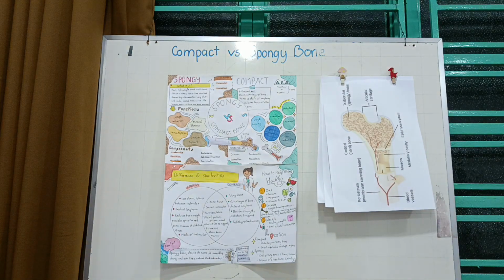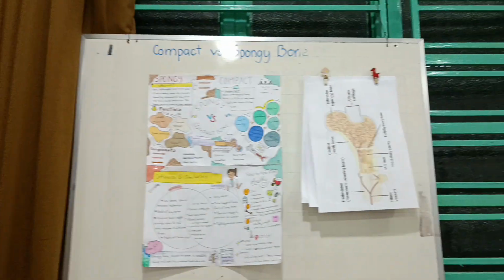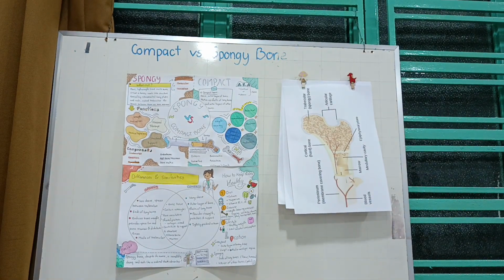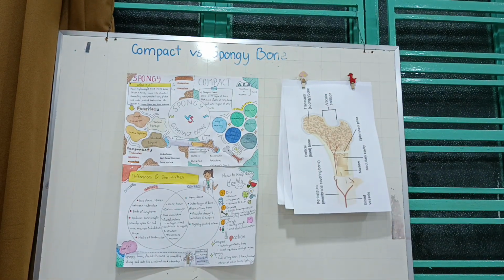These are canaliculi. I've talked about that before. And lamellae. What are lamellae? Lamellae are thin concentric layers of the bone matrix that surround the central canal of the Haversian canal. Let me find a picture that has lamellae in it.